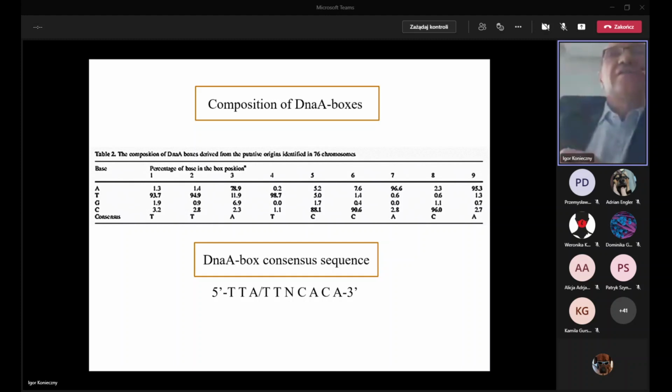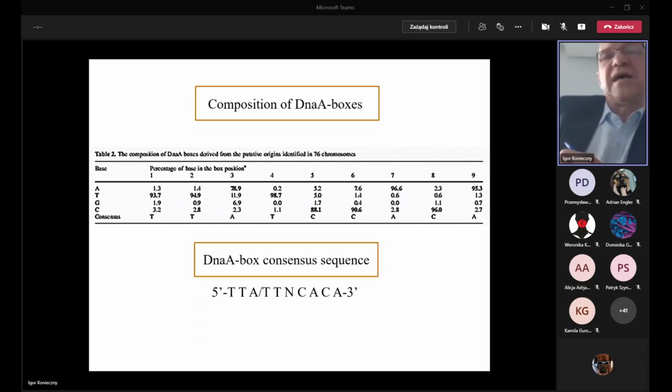And this composition is described as a DnaA box consensus sequence. So you can find a consensus sequence for binding of any protein. And what is the consensus sequence? In Polish, please don't say sekwencja konsensusowa, because it doesn't make any sense in Polish.